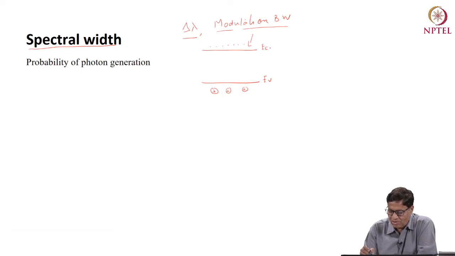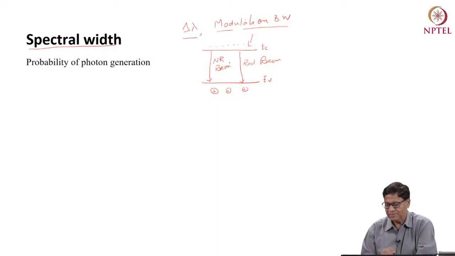The electron is not limited to one energy line, but it has some distribution here. Similarly, the holes are distributed here. This is the radiative recombination part, and similarly you have the other part which is non-radiative recombination. Both are happening in the semiconductor.